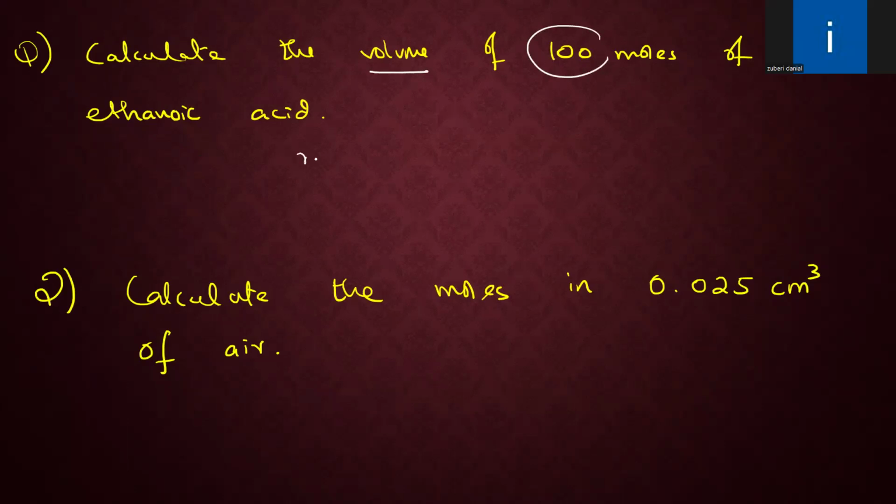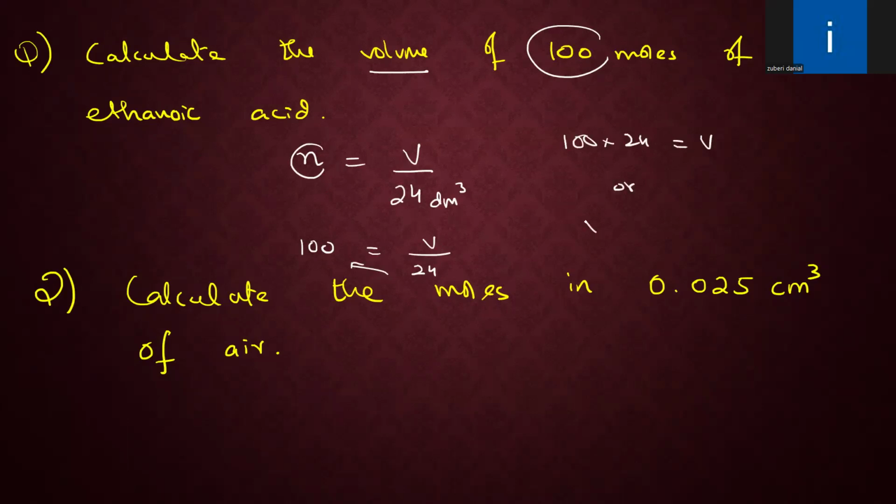So what we can use is number of moles is volume upon 24 liters. So this is 100, and this becomes 24. You shift it here, so that becomes 100 times 24 as V, or V is equal to 2400 cubic decimeter.